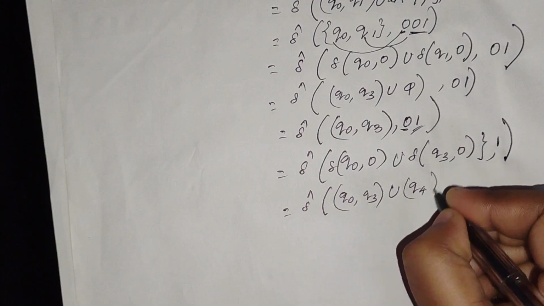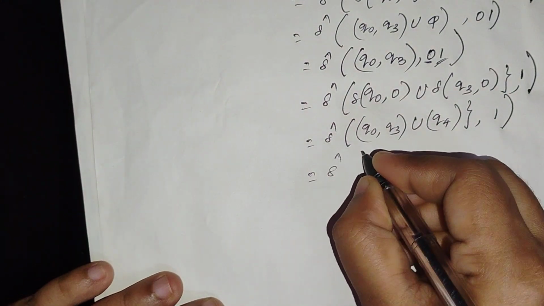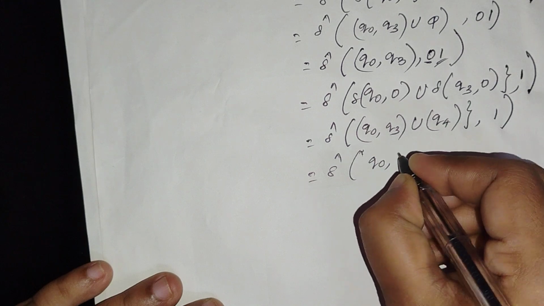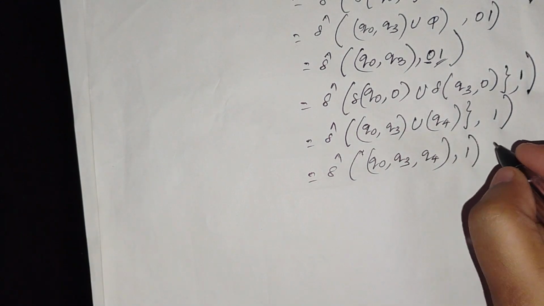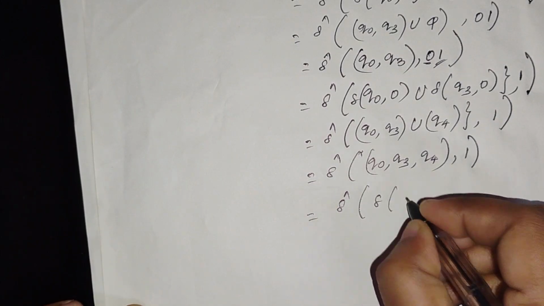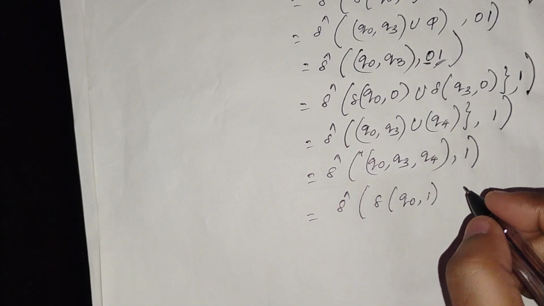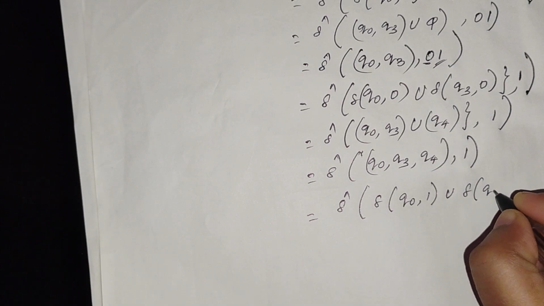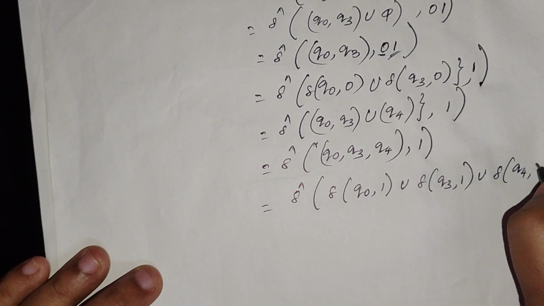It is Q4, with remaining 1. Then we combine {Q0, Q3, Q4} with 1. The next step is δ(Q0, 1) union δ(Q3, 1) union δ(Q4, 1).